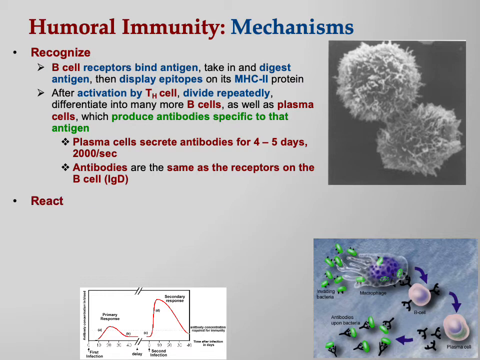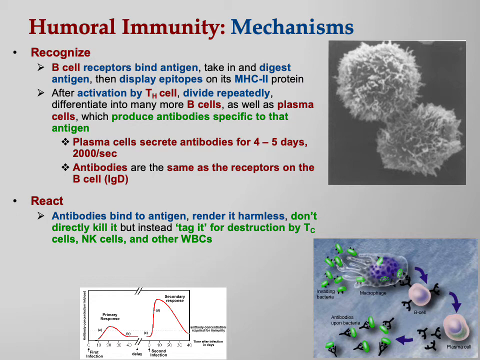So they recognize first, then they react. Antibodies bind to an antigen, render it harmless, don't directly kill it, but instead tag it for destruction by cytotoxic T cells, natural killer cells, and other white blood cells. Antibodies are so great because there are just jillions of them floating through your body fluids, encountering bad guys like crazy, and handcuffing the bad guys immediately.